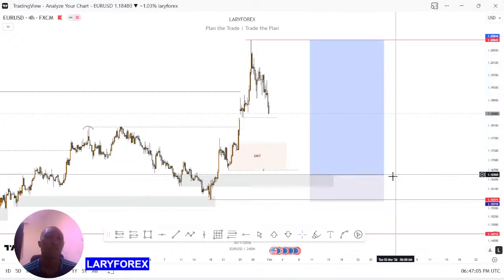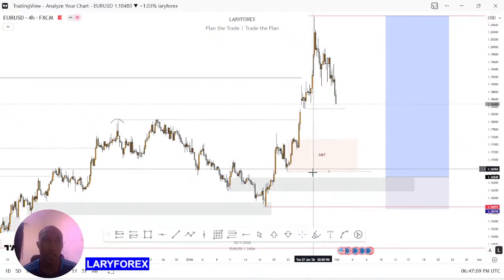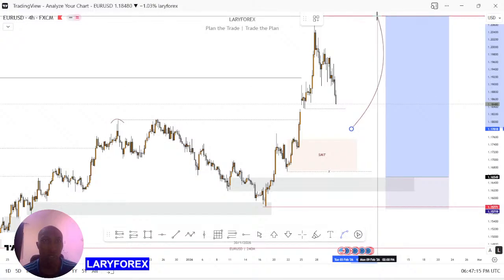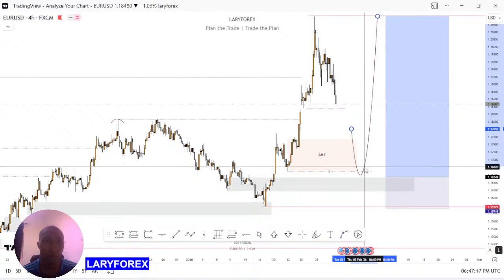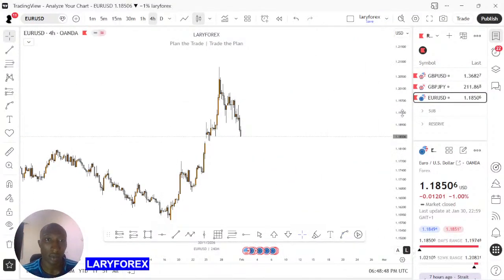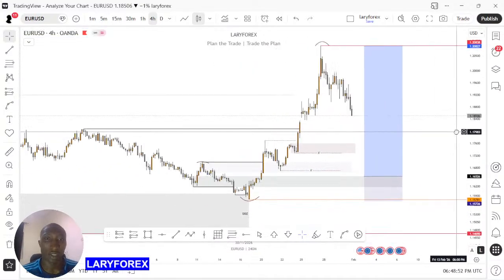So this is my focus for Euro USD this week: price selling down to that demand and then buying from there. So you can see that's how I came up with this particular setup here on Euro USD.